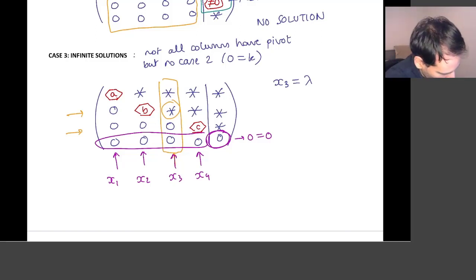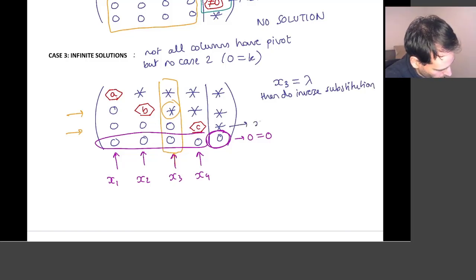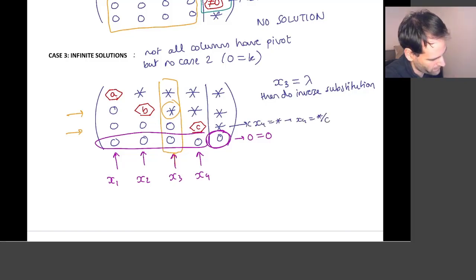So now we would do inverse substitution. So we can solve x4. We have that c times x4 equals asterisk. Therefore, x4 equals asterisk divided by c.